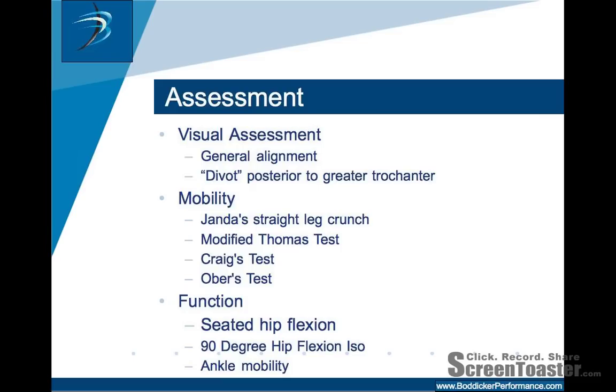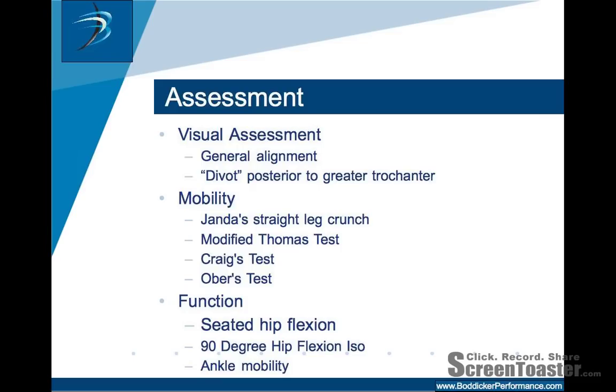So how do you assess? What are we looking for? Like most things, typically I start out with a visual assessment. Where are the toes pointing? Is there a divot posterior to the greater trochanter that could be suggestive of overactivity of the deep rotators of the hip and that butt gripping concept? I'll also check for mobility or length.